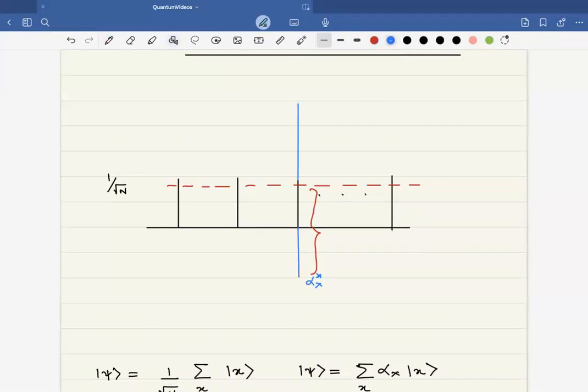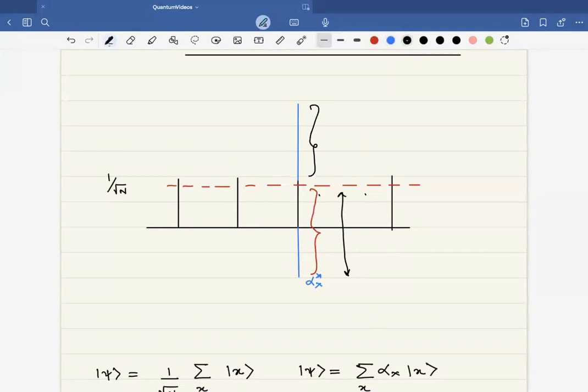It is basically this height, which we see over here, is the same as this height. So it gets reflected about the mean.